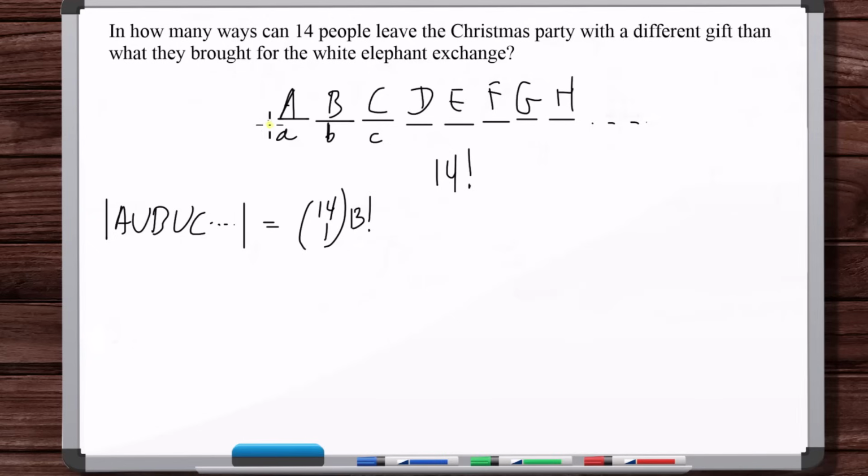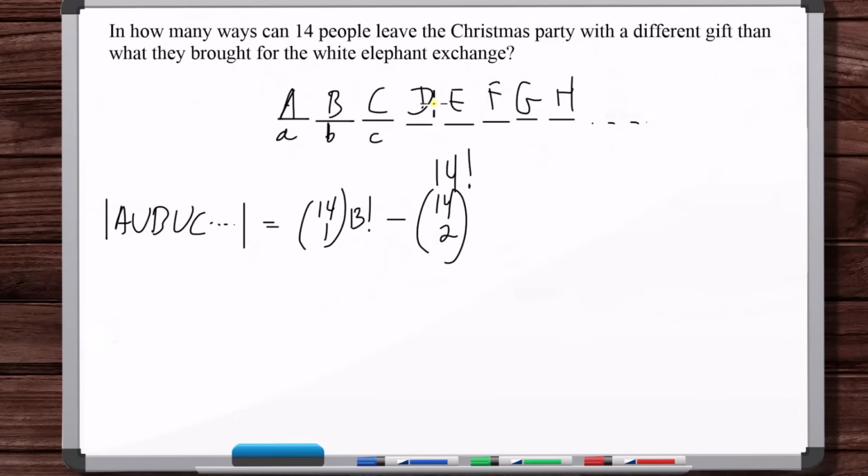Person A has their own gift, and then you can rearrange the rest however you want. Now we want to subtract out the different intersection pairings. So that's going to be 14 choose 2, and it's 13 factorial, but we multiply it by 14 because it's the same idea.